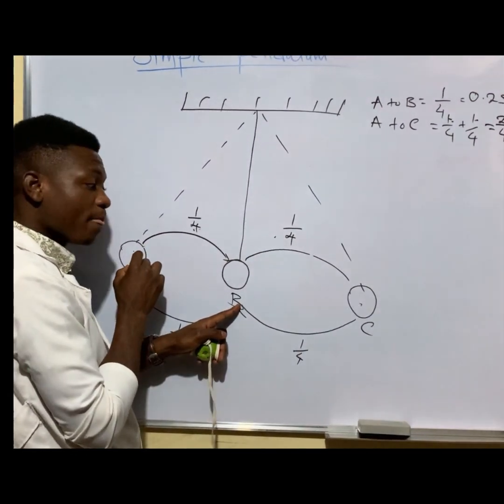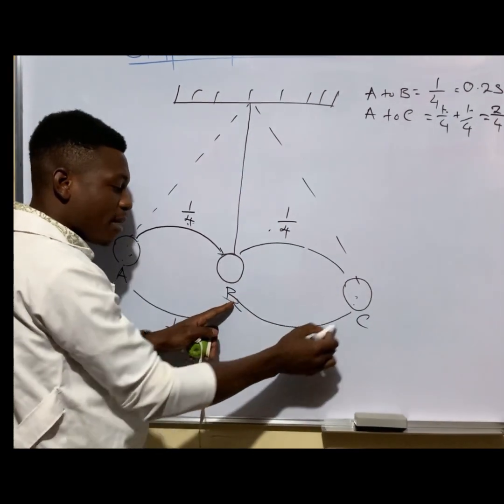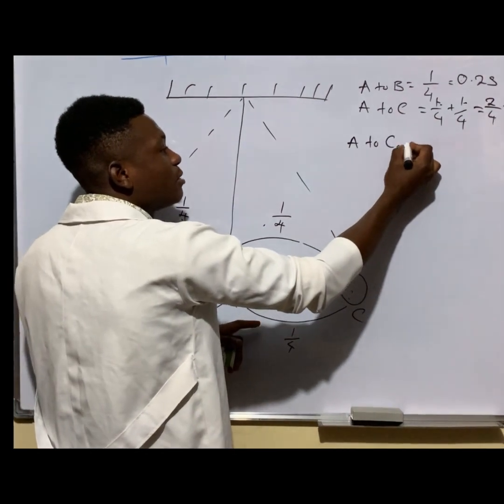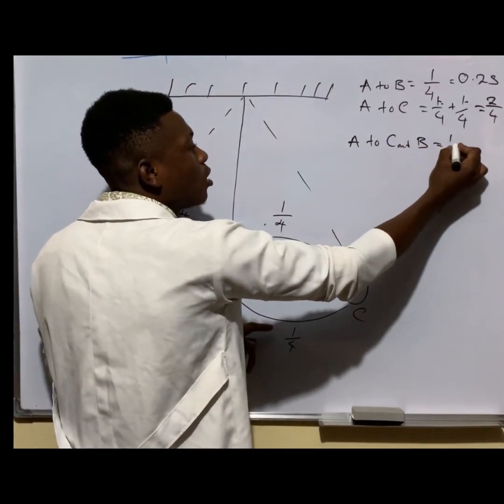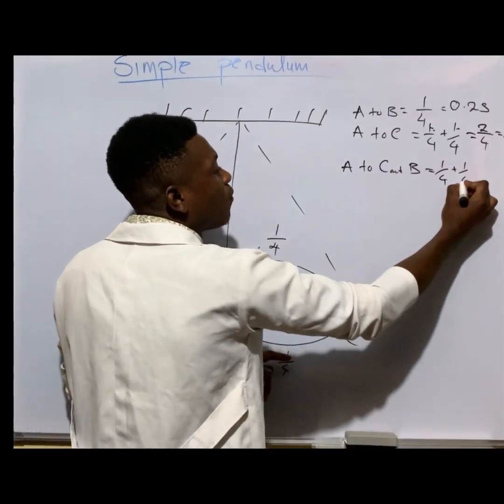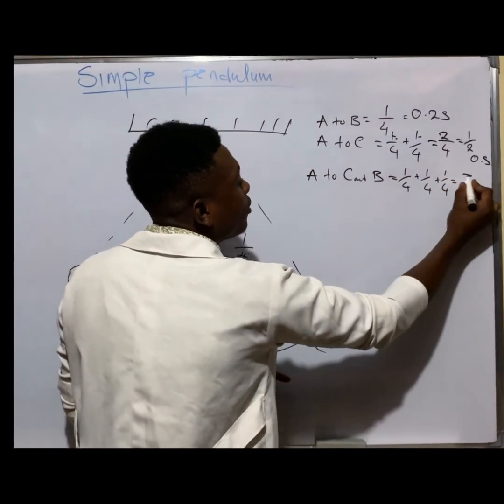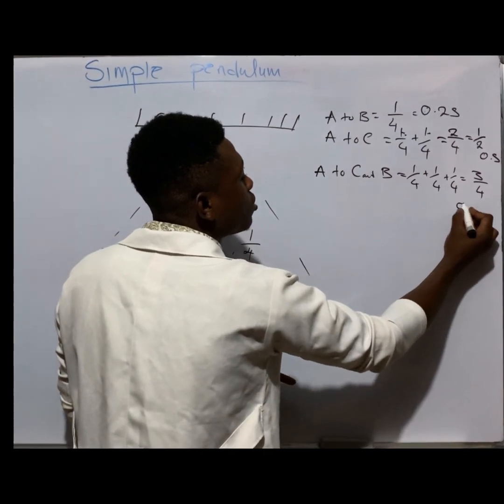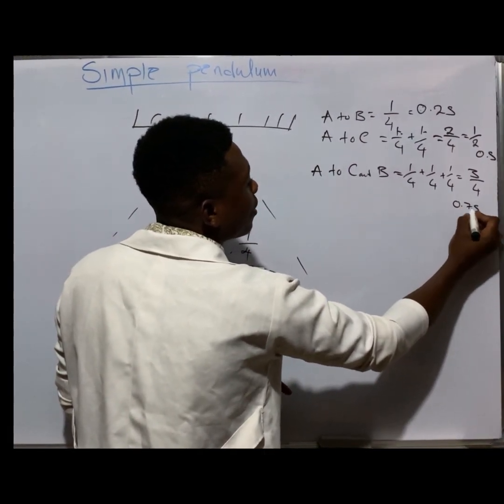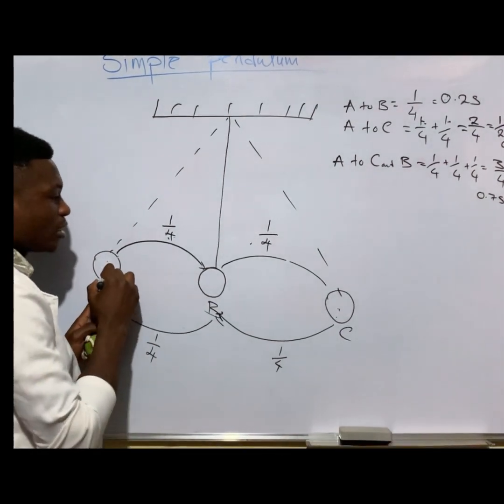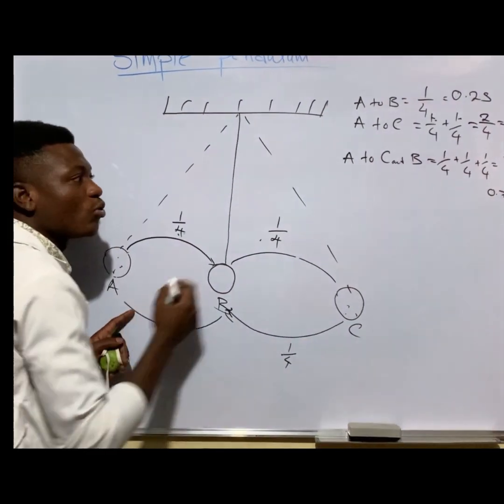It will be 1/4 plus 1/4 plus 1/4. This will give you 3/4 or 0.75.